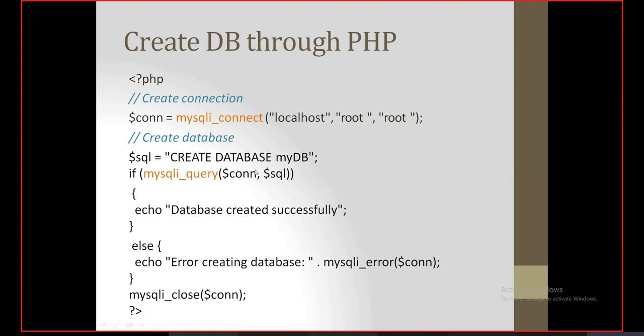If it returns true, if the query is executed, it will print database created successfully. Otherwise, it is going to print a MySQL error message, whatever error occurred. It is not a connection error, but it is a query execution error. That is why the function name is mysqli_error. Fine. Okay, and then finally we are closing the connection object.